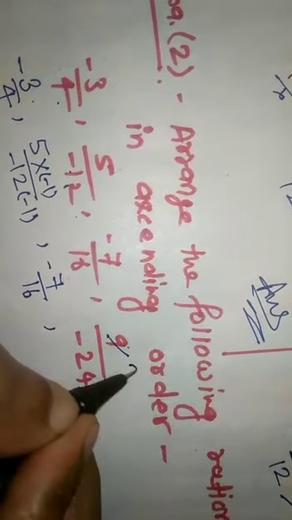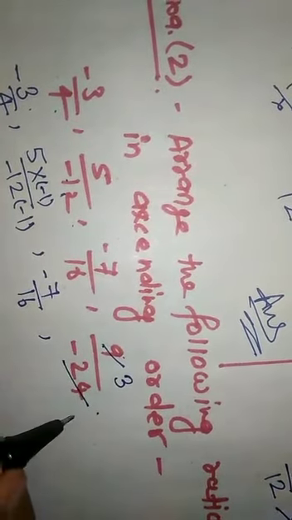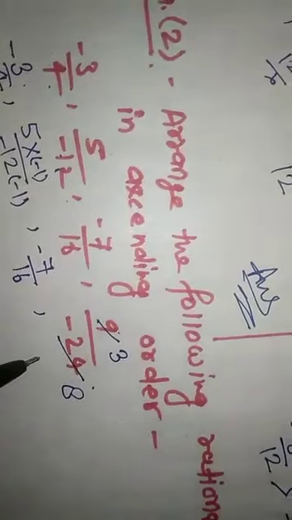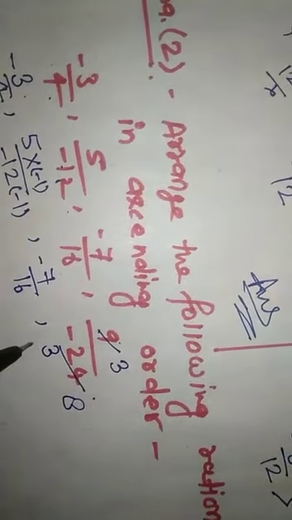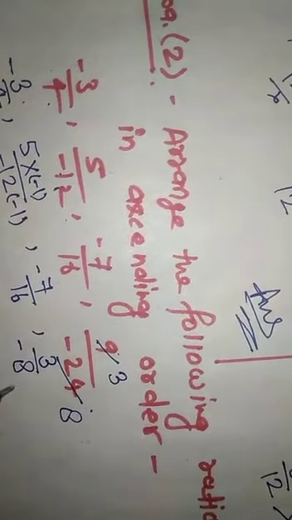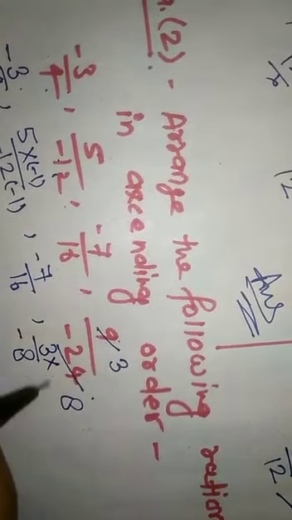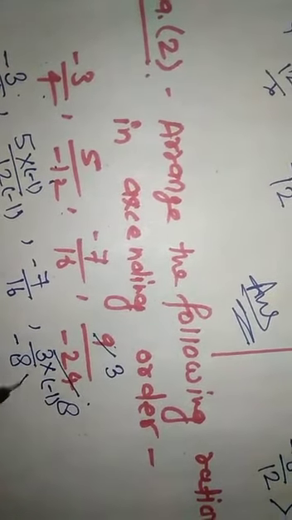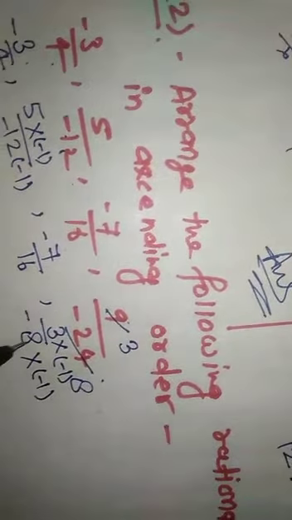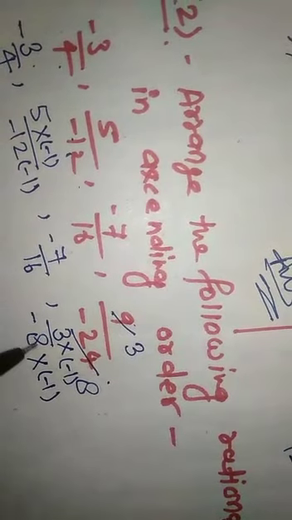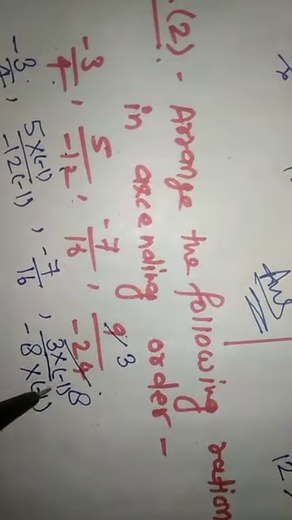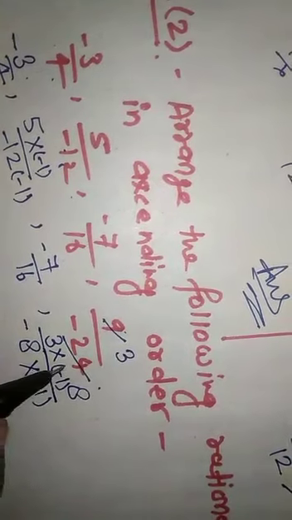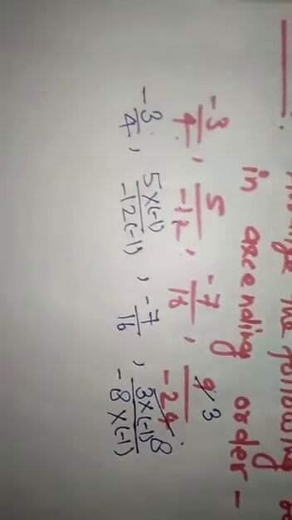We cancel out: 3 3s are 9, 3 8s are 24, giving 3 by minus 8, and multiply this because the denominator is negative. So multiply by minus 1 in both numerator and denominator.